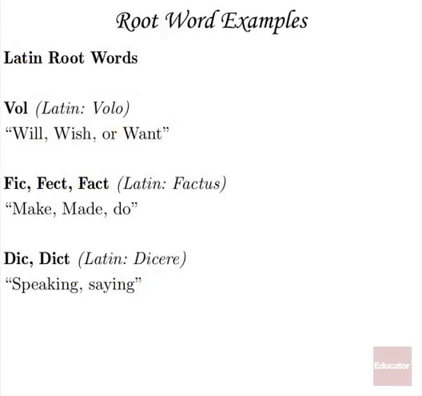Now, here are some more Latin words for you. Vol, will, wish, or want. We've already gone over that. Fic, fect, and fact. These are root words from the Latin word factus, which means to make, to be made, or to do something. Then we have dic, dict, from the Latin word dicere, which is speaking, saying, or talking.